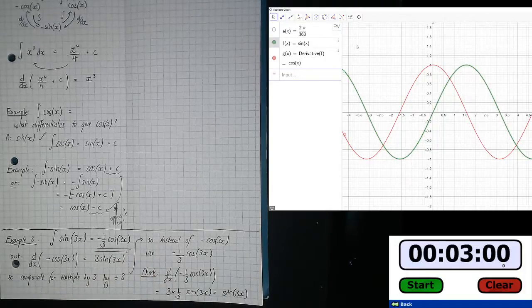Now, we don't want to go through all of that every time we want to integrate a trig function. That's just silly. We instead need to think, how can I quickly make a link from here to here?